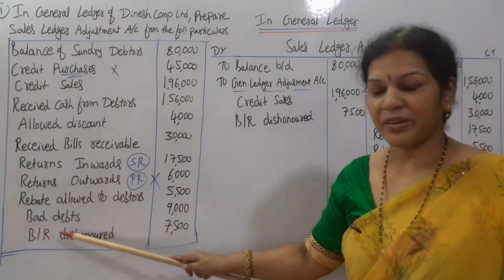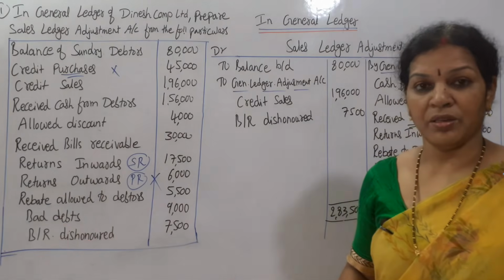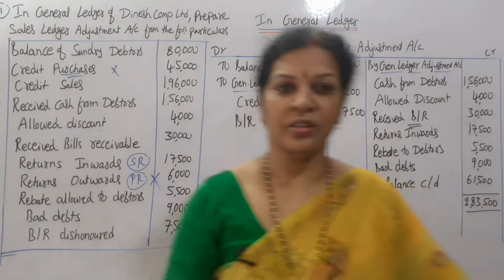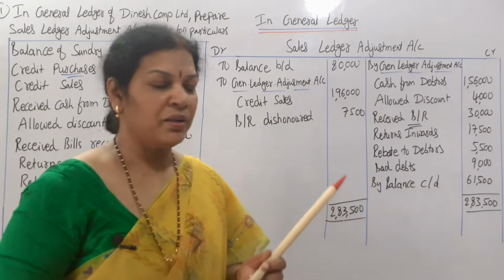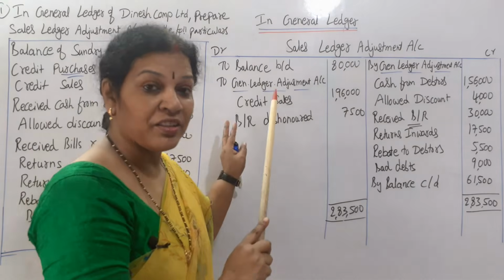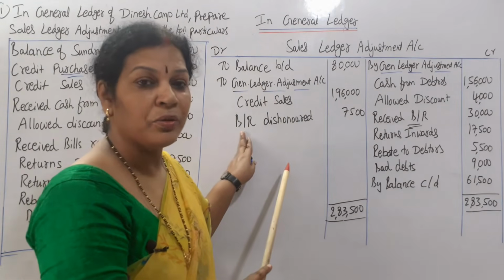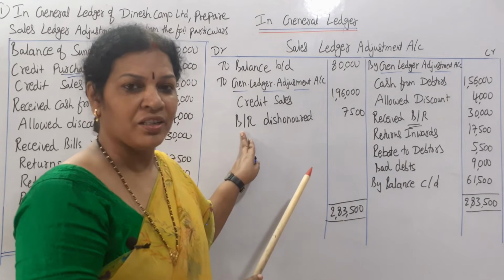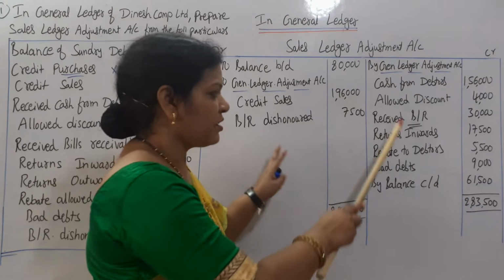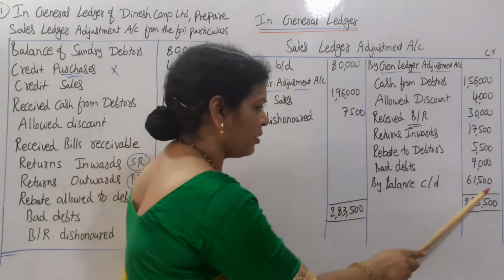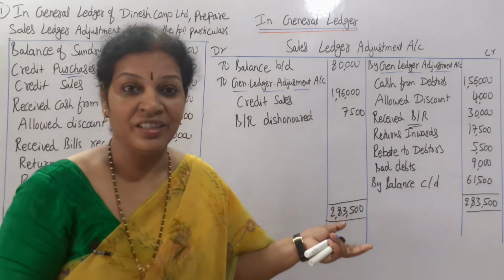Rebate allowed, bad debts and bills receivable dishonored, everything we have taken. So when we open the sales ledger adjustment account, remember you write the opening balance, giving the side heading. On the debit side, only the sales. Very rarely some other transaction comes, which I will tell you in the coming classes, and all the rest of the transactions will be on the credit side. At the end we got this much balance, easy.